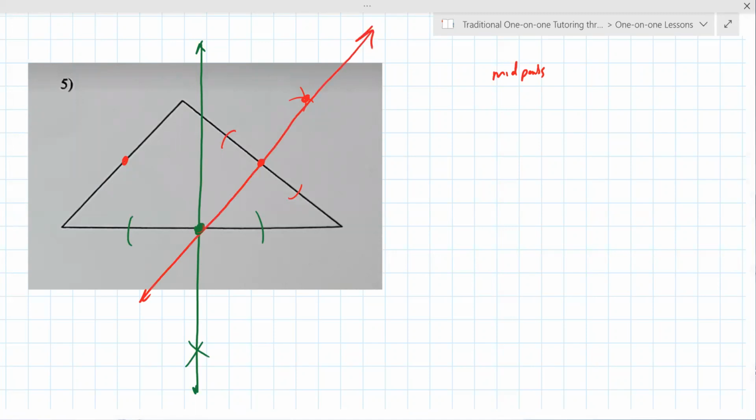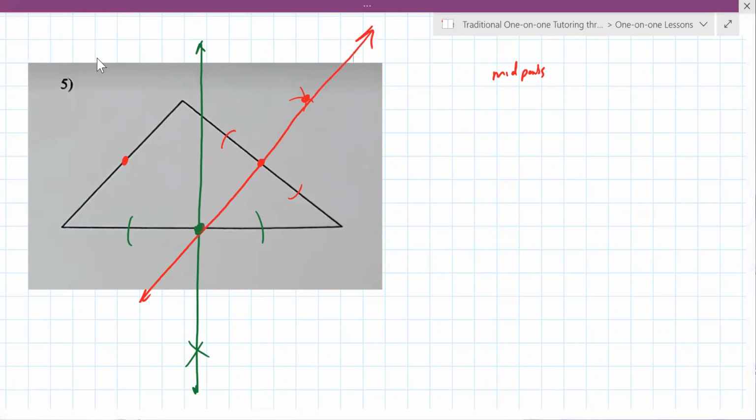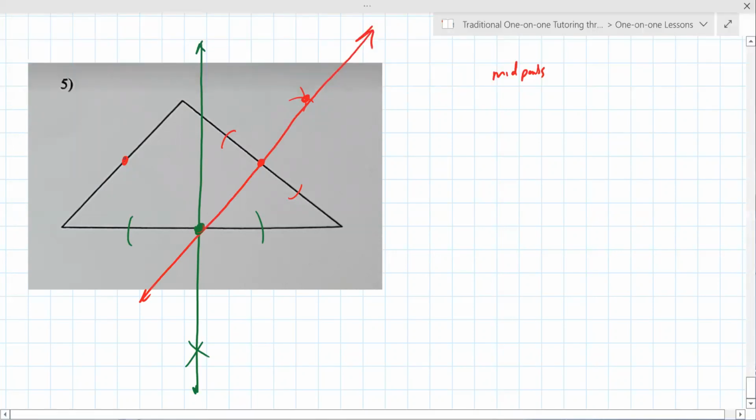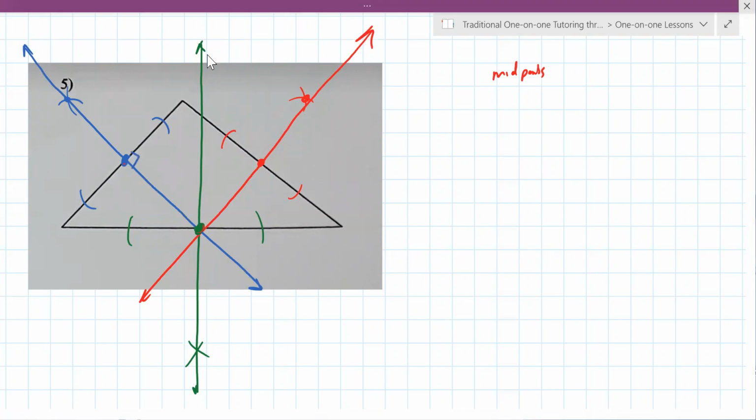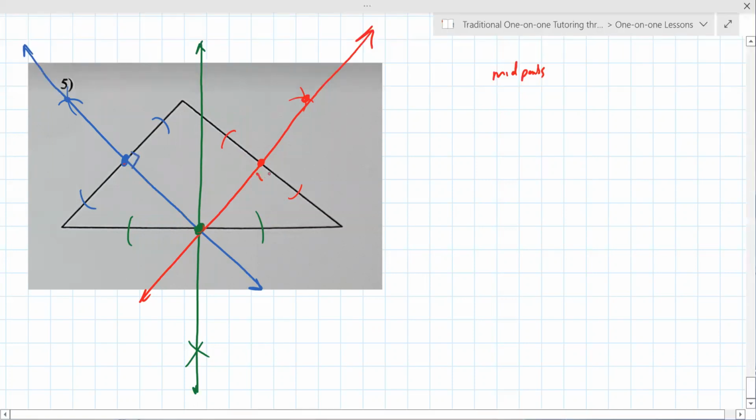And then I'll switch to blue for the other one. So we swing an arc, swing an arc, swing an arc, swing an arc, and then you connect them here. It looks like it's right, kind of actually down there on the bottom. So the idea is that they all meet at 90 degree angles with the side.